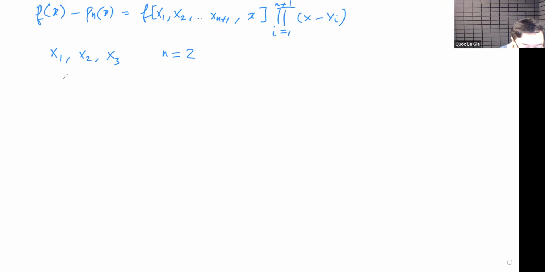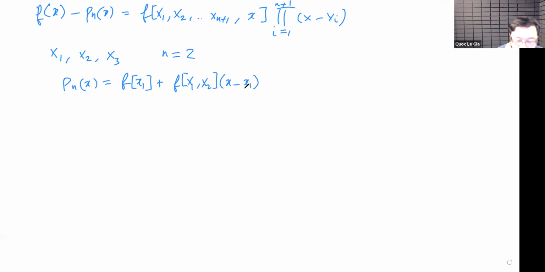Pn of x, the Newton form, will be f of x1 plus the divided difference f[x1, x2] times (x minus x1).